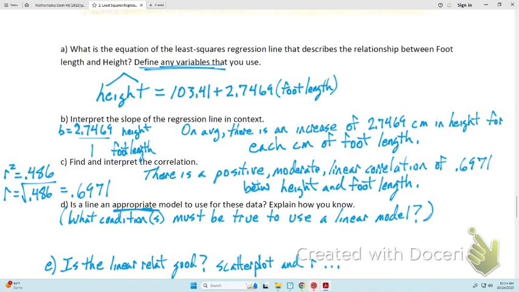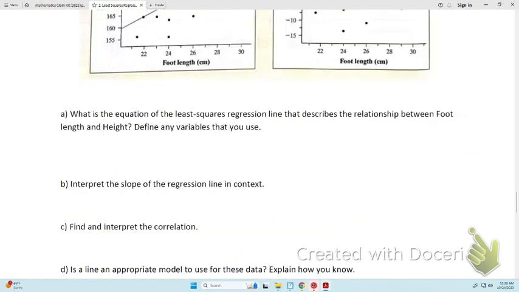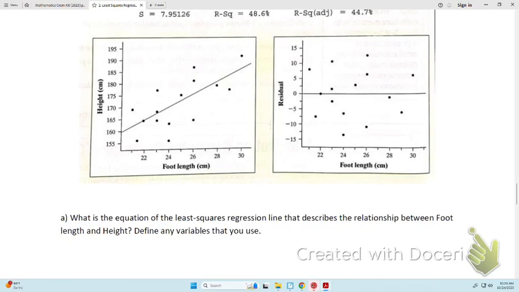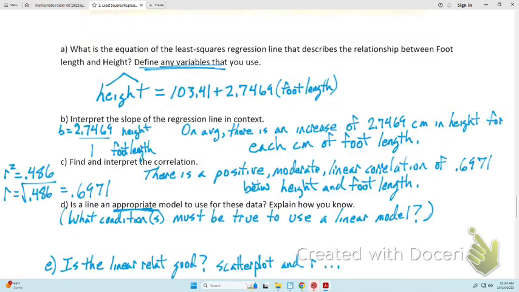D is asking what must be true, and notice we have a very random looking residual plot. I'll scroll to it in case you didn't look at it. So the graph on the right, I do not see a pattern, so we want to say yes.